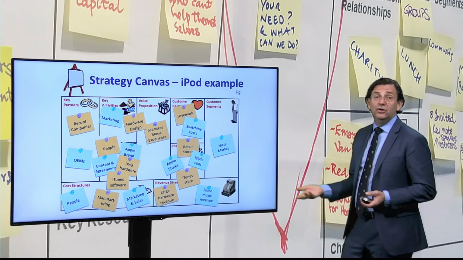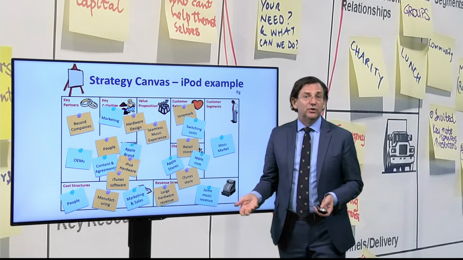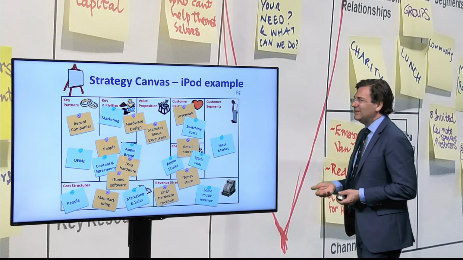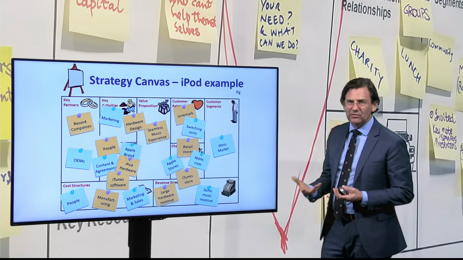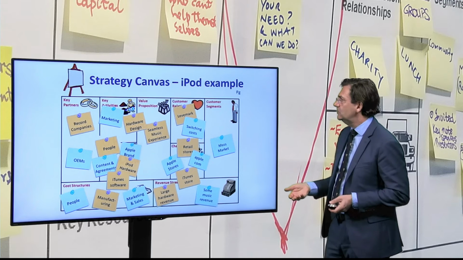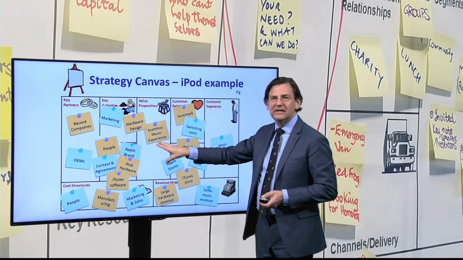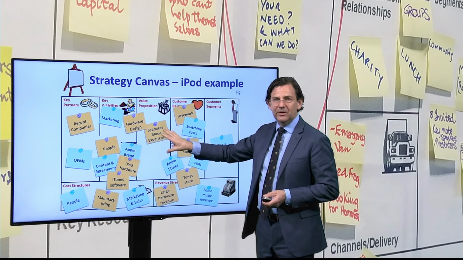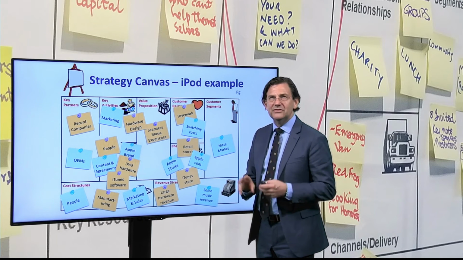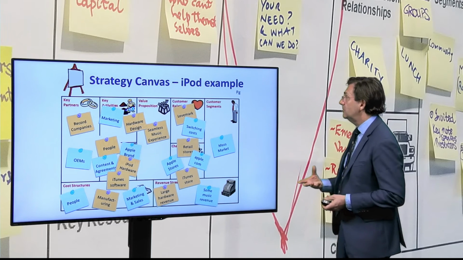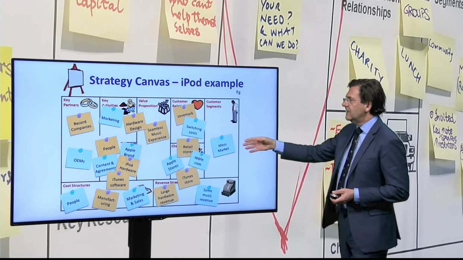Another example, now who on earth has an iPod? I guess many of you wouldn't even know what an iPod is anymore. I like to talk about that because it really changed the way that we interact with music. It started with music. So the value proposition is a seamless music experience. When iPods first came out, it was the first absolutely easy, useful way to access our entire music catalogue.